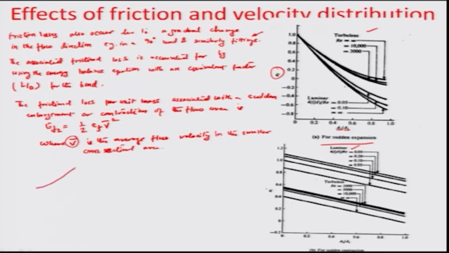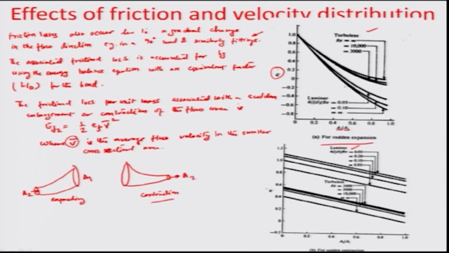Supposing the flow is expanding, let us say like this, where the area is changing from a smaller area A2 to a bigger area A1. So the average velocity would be the entrance velocity to this expanding flow, and for the contracting case, where the flow is coming from a bigger area to a smaller area, again it would be the discharge flow that we will be talking about.